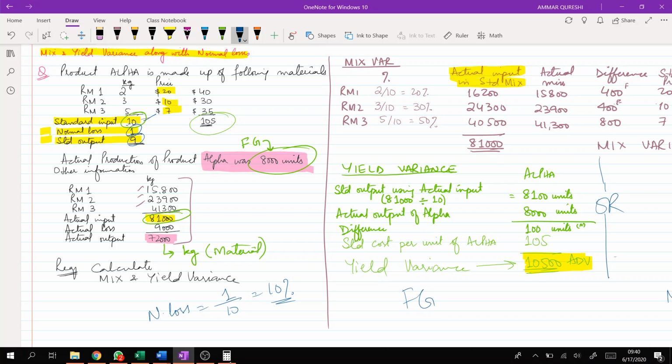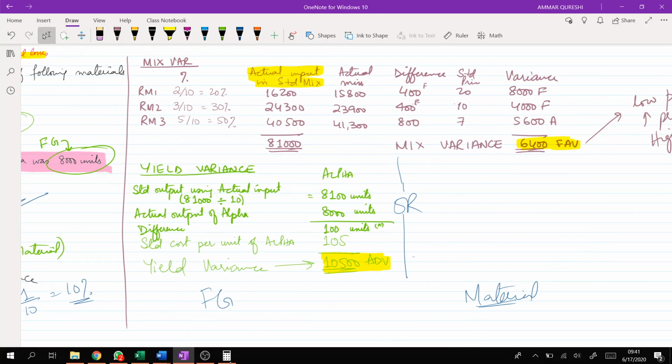So now the question is, how many kilograms did we input during the process? We input 81,000 kilograms, right? So what should be the standard output in terms of kilograms?